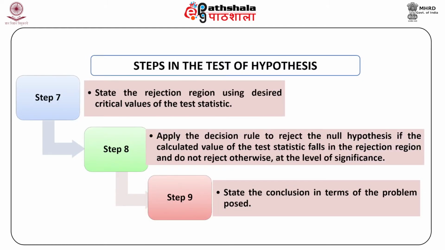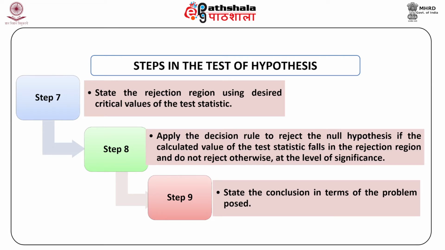The next step, seventh, is to state the rejection region using desired critical values of the test statistic. The critical values of the test statistic and the rejection region will both depend on how the alternative hypothesis is defined. I am sure you can all understand this.